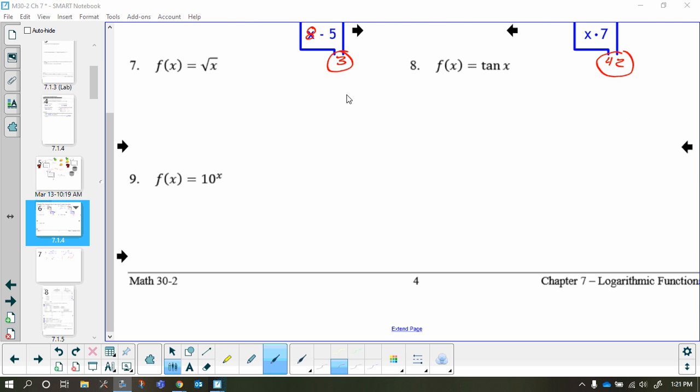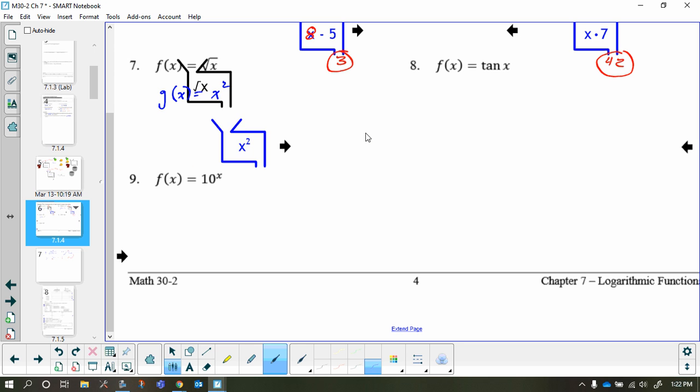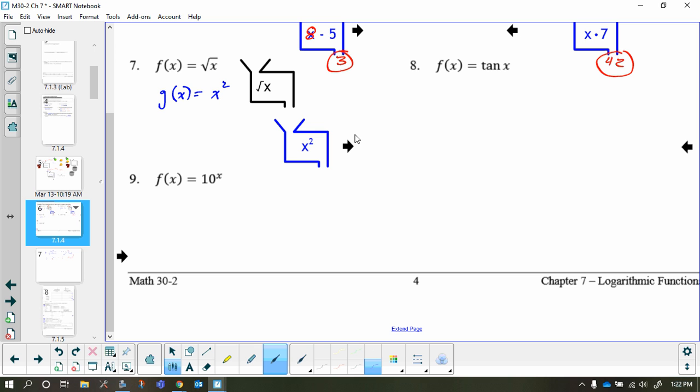Well, let's look at number 7. Square rooting. Well, how do I undo square rooting? I square. So my g of x function could equal x squared. Then again, let's look at this function machine. Suppose I pick something to stick into my square root.